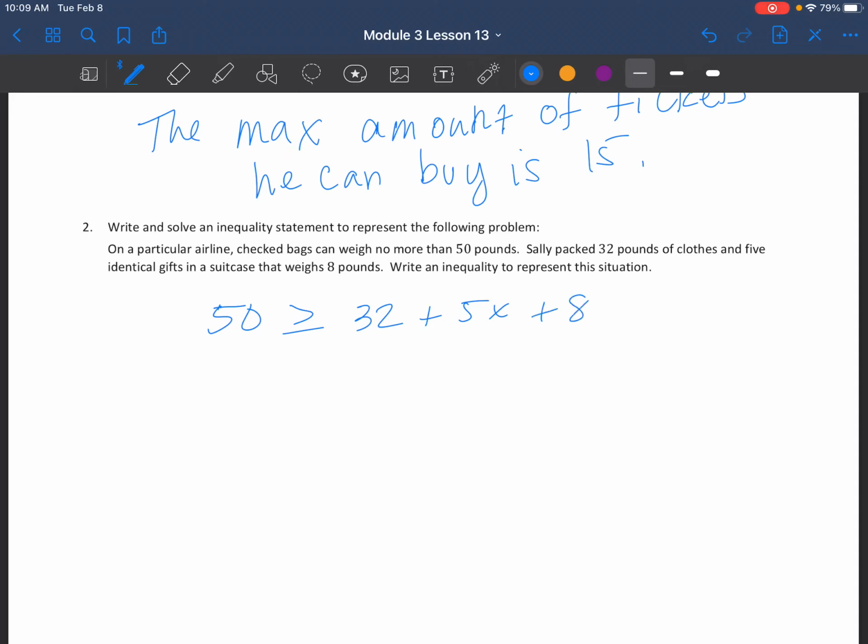We also know that she has 5 gifts, but we don't know what each one weighs. So that's 5 times X. And we do know that the suitcase is 8 pounds, right? We know that they're a total of 8 pounds, but we don't know what 5X is. So now we can go ahead and solve to find out how much each gift weighs. We're going to start by combining like terms. So we've got 50 is greater than or equal to 40 plus 5X.